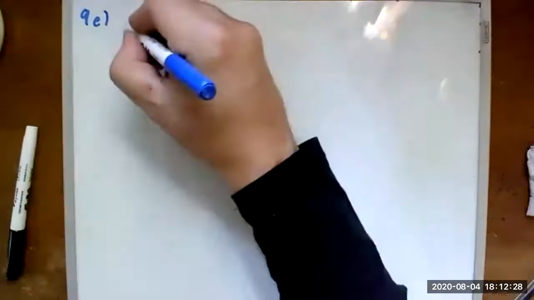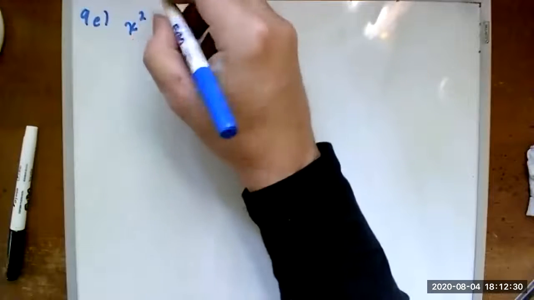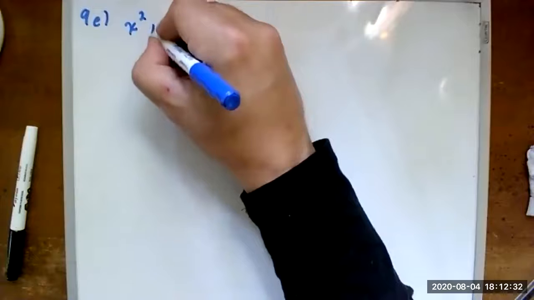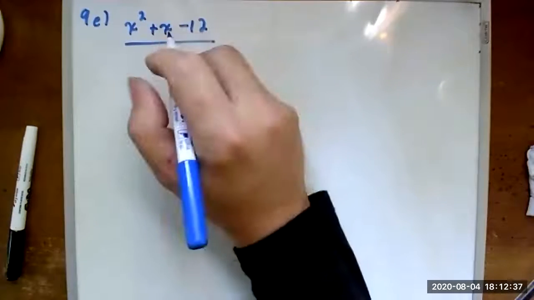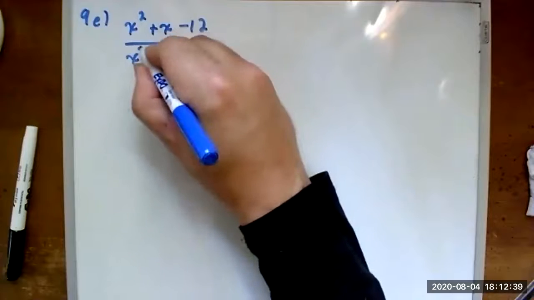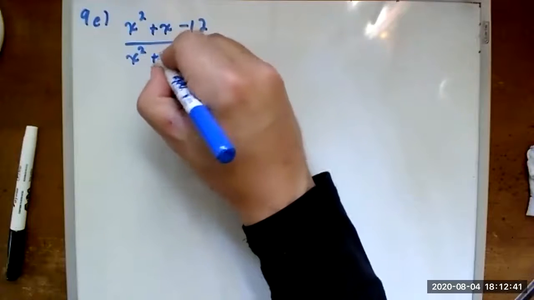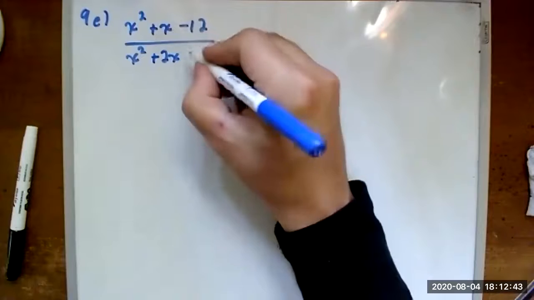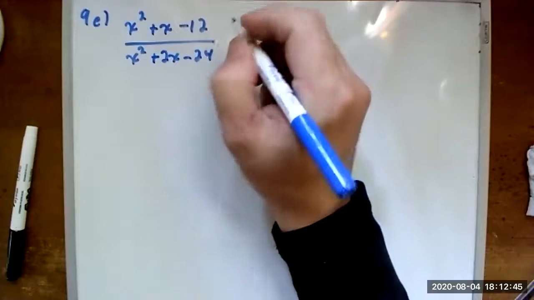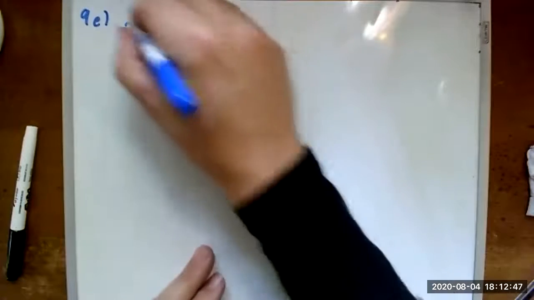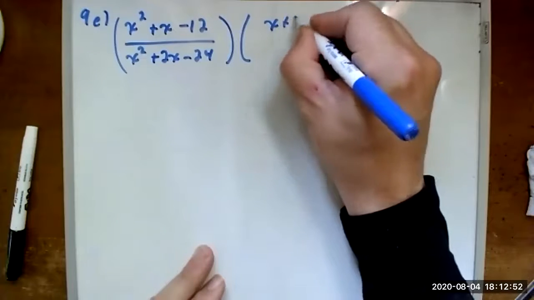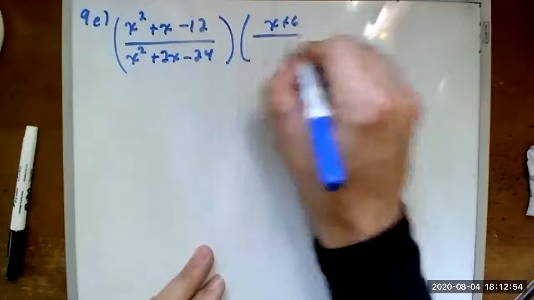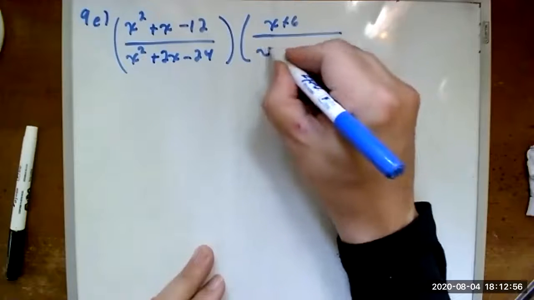Same idea. x squared plus x minus 12 all over x squared plus 2x minus 24.